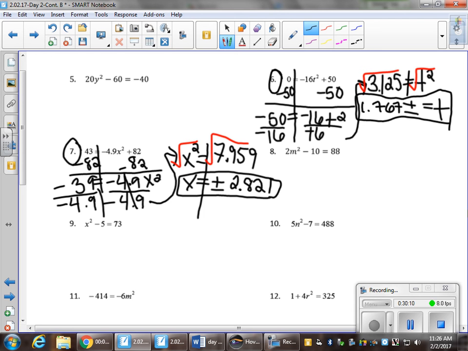It should be like 8 point something. Okay, so I think you typed it in wrong. When you do the square root, you press second, x squared, and you type in the number. Okay?